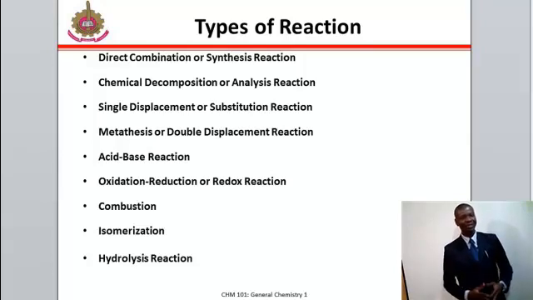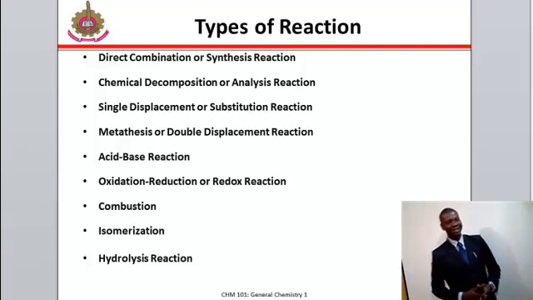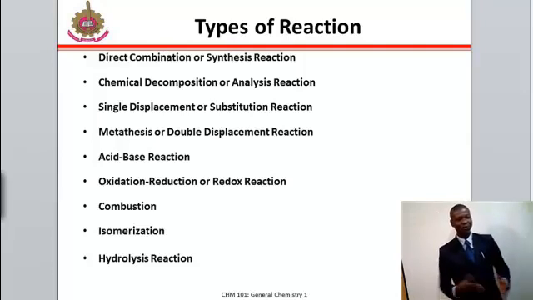While in the single displacement reaction, one substitutes another. This reaction is characterized by one element being displaced from a compound by another element. What about double displacement reaction? This type of reaction involves two compounds exchanging bonds or ions in order to form different compounds.